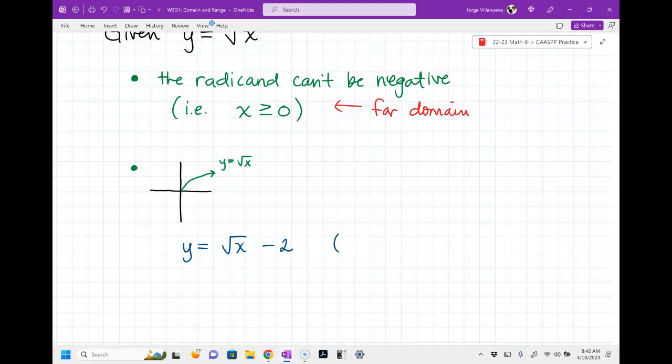So this is going to move down twice. Okay? What if I put something like this? What does that do? Up 3, right? Yeah, it's going to move up 3 times.